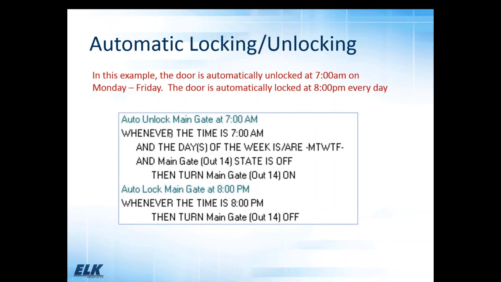We could say whenever it's 7 a.m. This is a conditioning and statement. These are optional. And the days of the week are Monday through Friday. And the output is already in an off state. We're going to turn the output on. This will remain on until 8 p.m. in the evening, when our next rule will fire that then turns the output off.